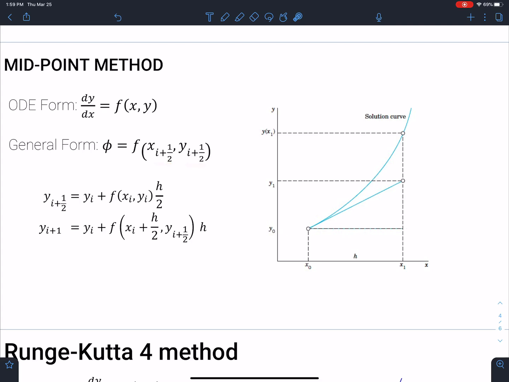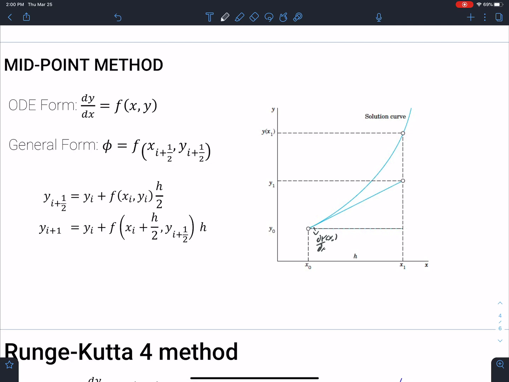Right, so let's explain. Let's go back to the standard Euler method, right? So if I chose the phi here to be this slope, which is given by dy/dx at x naught, that's what we would have used, right?